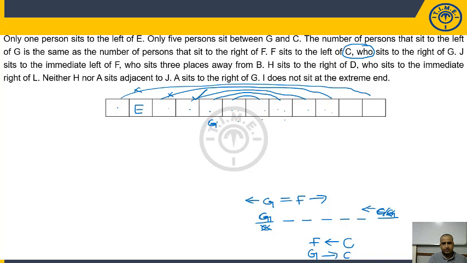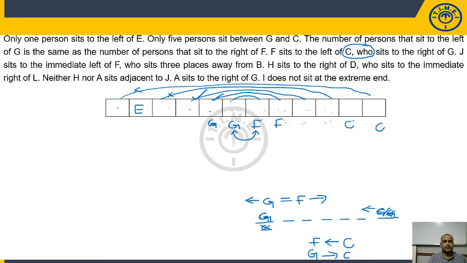G here, fifth from the left hand and fifth from the right hand. 1, 2, 3, 4, 5. C is here. Yes, it is also working. Next, let's check it. Sixth from the left hand, sixth from the right hand. So G and F are here. G here, 1, 2, 3, 4, 5. C here. Still it is working.